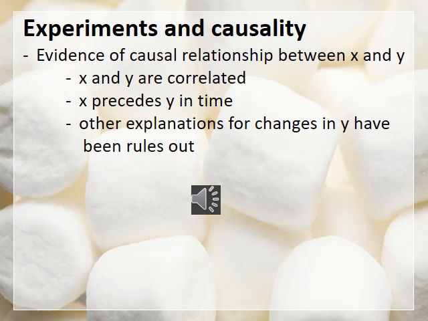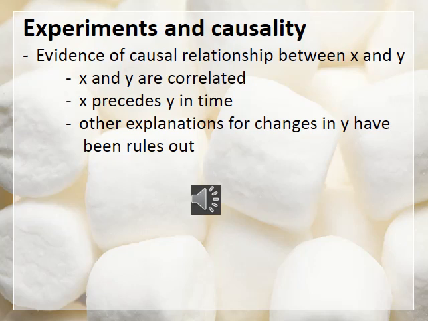So this is my explanatory variable. Spending more than 2 hours a day on social media. My response variable would be here in my example, having a low self-esteem. So I want to prove a causation between spending more than 2 hours a day on social media and having a low self-esteem.